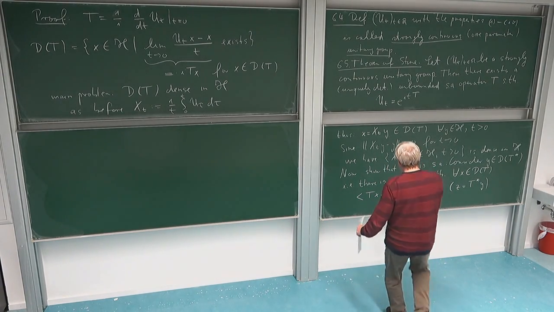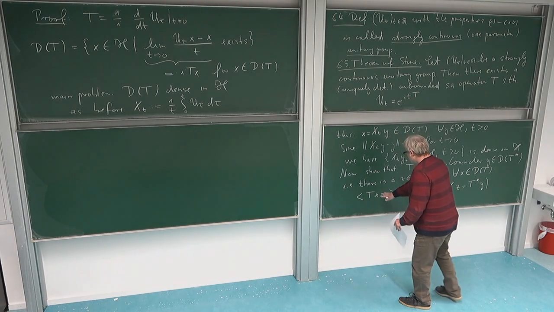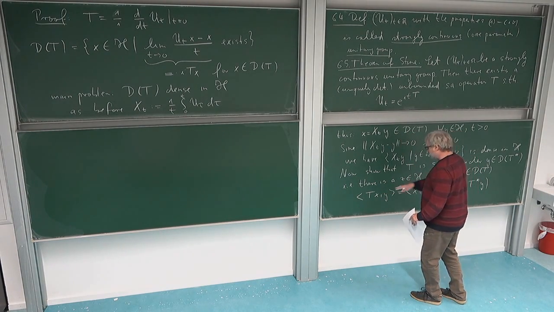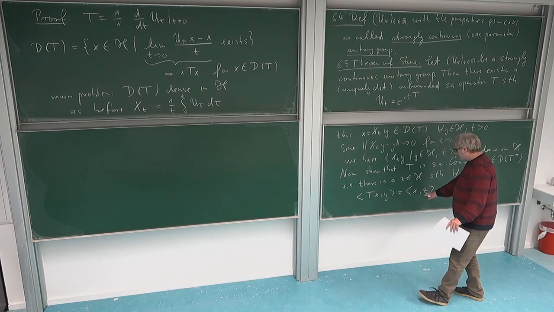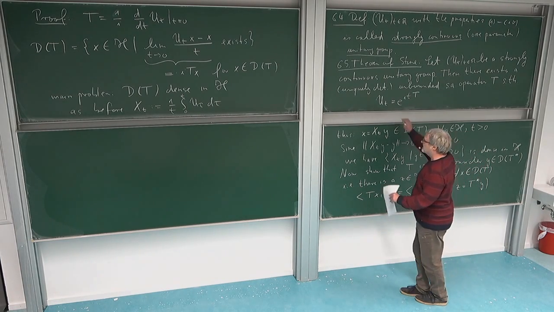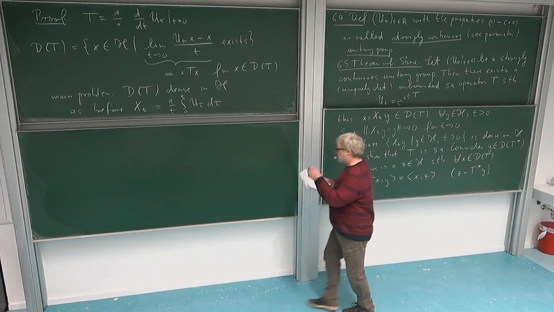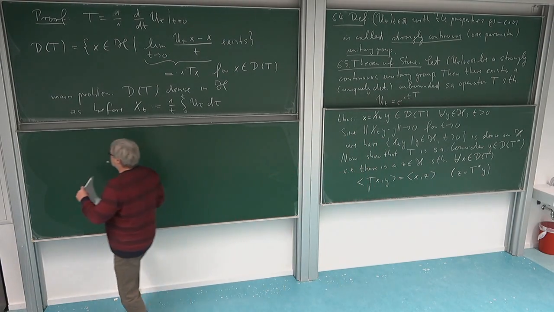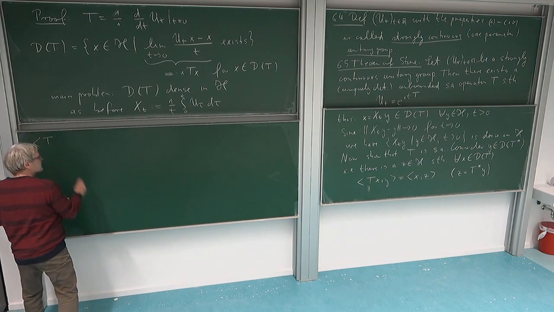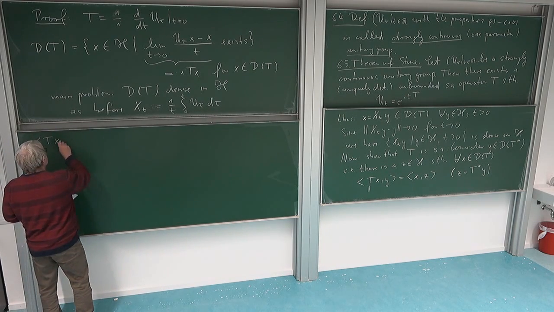So let us start on this side here and see what it tells us about the y. In the end, we know something about the y, namely that there must be a z here. So let us see how we can use this. Maybe I start from this side. This is the ⟨Tx, y⟩.